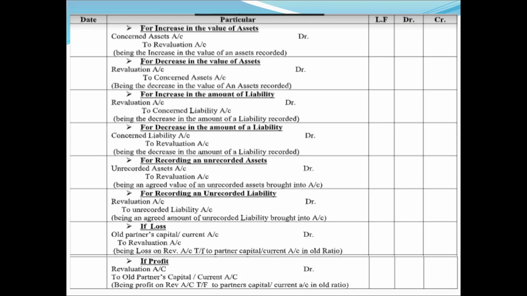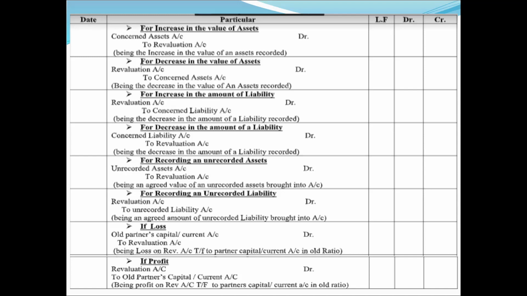Revaluation account debit to concerned asset account. For an increase in the amount of liability, when liability increases, you put it on the debit side. So revaluation account debit to concerned liability account.